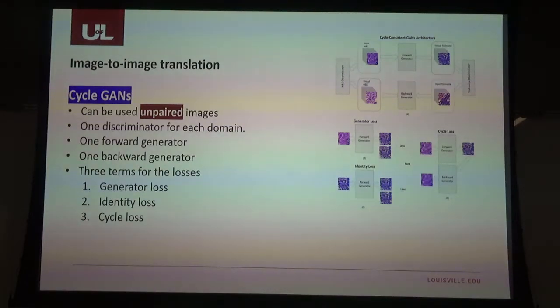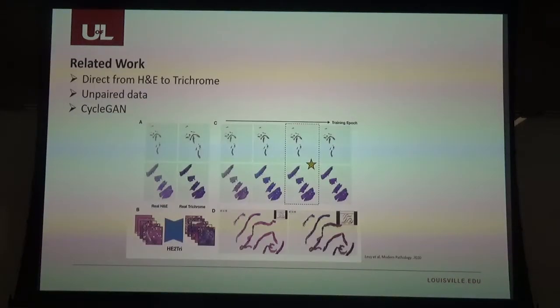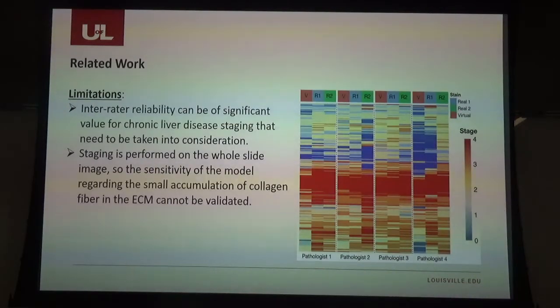So in the digital pathology domain, we can use this CycleGAN. Actually, there is related work that implemented this CycleGAN, but the problem in this work is the validation. How to validate this model? We don't have paired images in order to perform the validation.